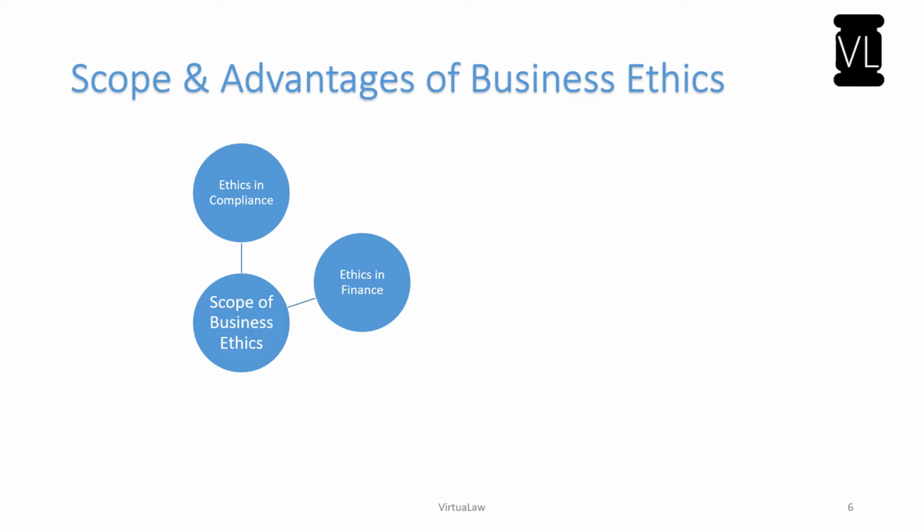Similarly, ethics in finance. Finance is one area where there is more risk of financial scams taking place in a company. For example, the Satyam scam happened because of a financial misrepresentation of the figures in its audited accounts, right? So applying ethics in finance is very critical for any business. Ethics in human resources also has a huge scope in terms of the people who are working for the company.